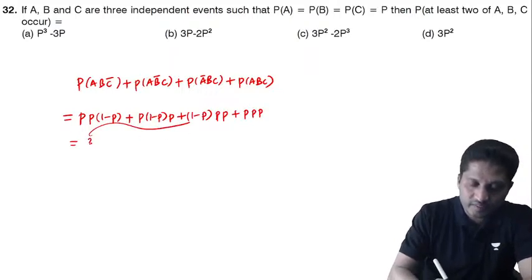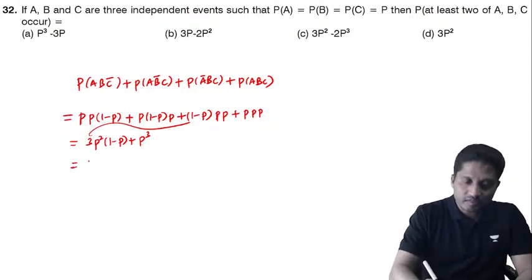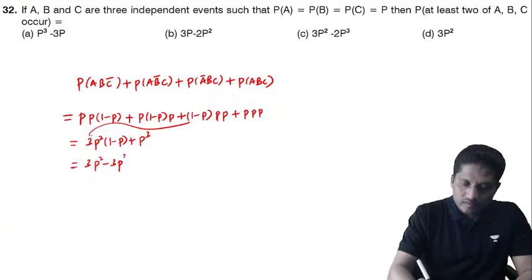So I can write this as 3P square into 1 minus P plus P cube. Now if I simplify, this is equal to 3P square minus 3P cube plus P cube. This is equal to 3P square minus 2P cube. Answer is option C.